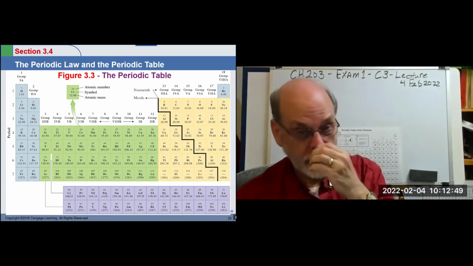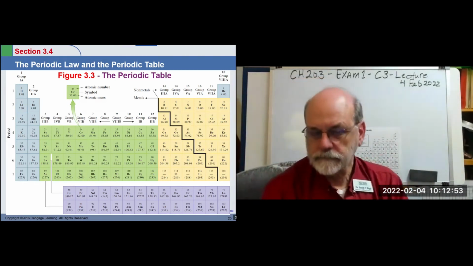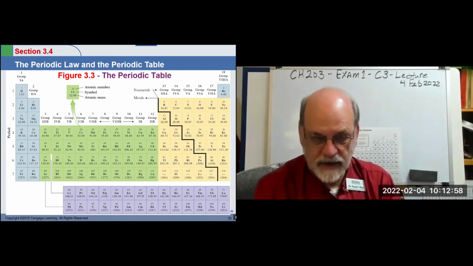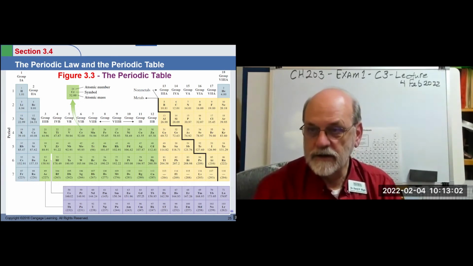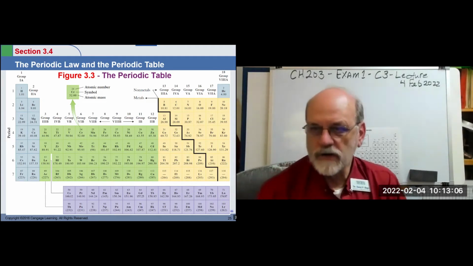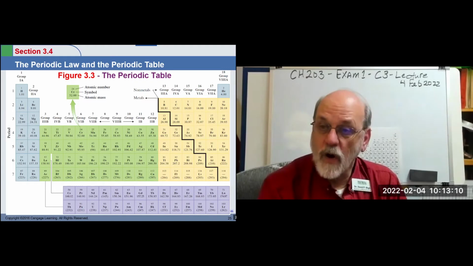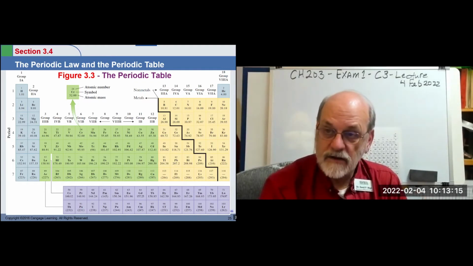If they're polished, they have a luster. They're malleable. That is, they can be hammered into different shapes, or they can be stretched into long wires. That's called ductility. They also are generally good conductors of electricity and good conductors of heat.